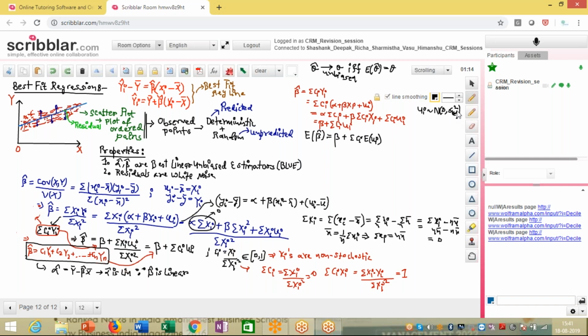So that means the expected value of Ui is 0.